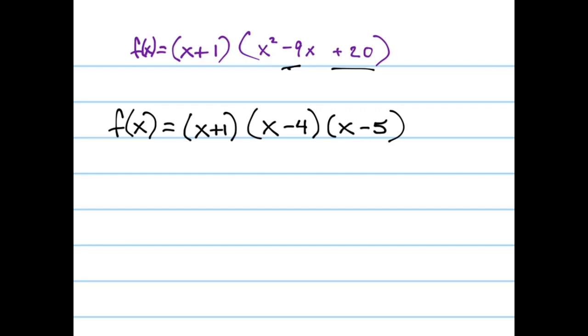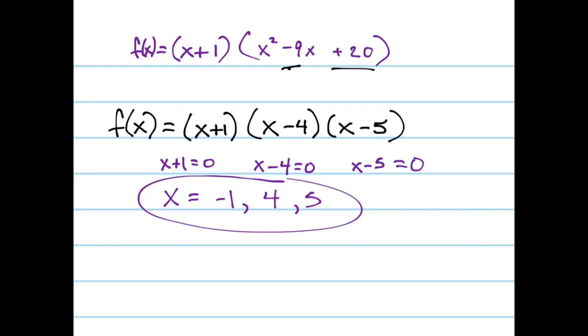So Sarah, what are our zeros? 4 and 5. Right, because we take x plus 1 equal to 0, x minus 4 equal to 0, and x minus 5 equal to 0, and solve each of those, and we have all 3 of our zeros. We know there can't be more than that because it's a third degree polynomial.